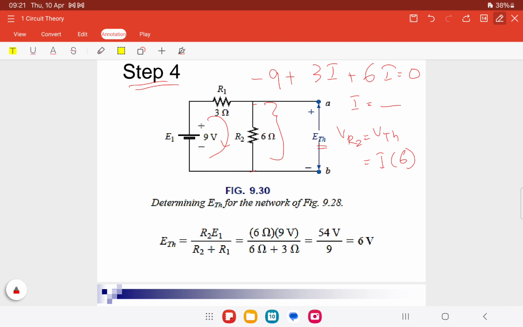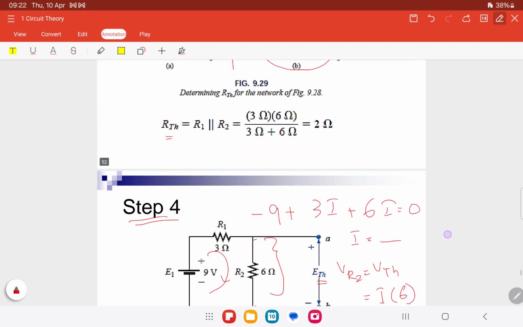So you normally for the KVL jarang lah lupa, because KVL there is no specific formula for KVL. Kan? KVL dia tak ada formula. Dia depends on the circuit. Tapi dia punya fundamental dia adalah all the voltage drop in the circuit is equals to 0. Okay? So you boleh guna mana-mana lah. Okay, so once dah dapat boleh je nak masuk sini. Okay, once you dah dapat ETH ataupun VTH, sama je.